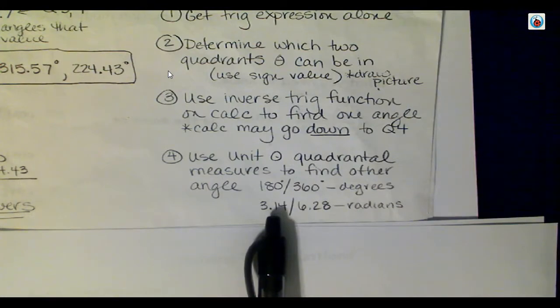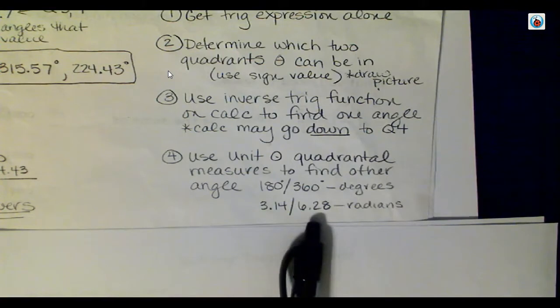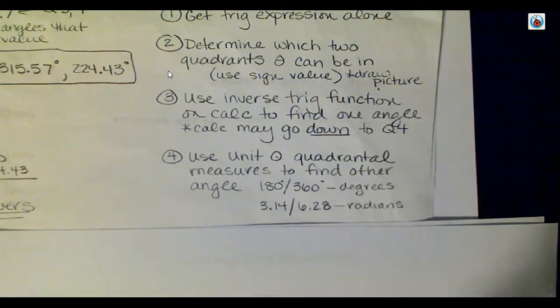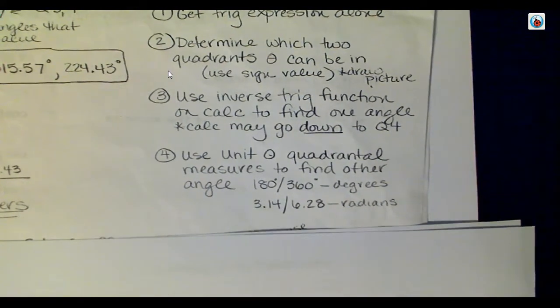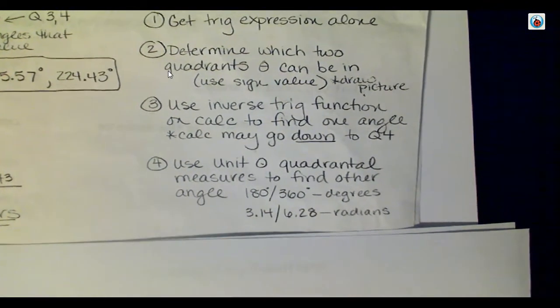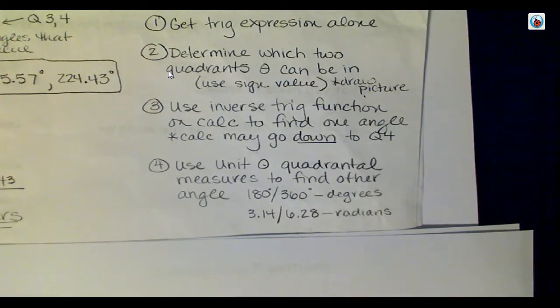Okay, of 3.14 and 6.28. All right. Remember, 6.28 is the same thing as 2 pi. Give you guys just a second to copy this down. Remember, you can always pause this if you need more time to copy this down.